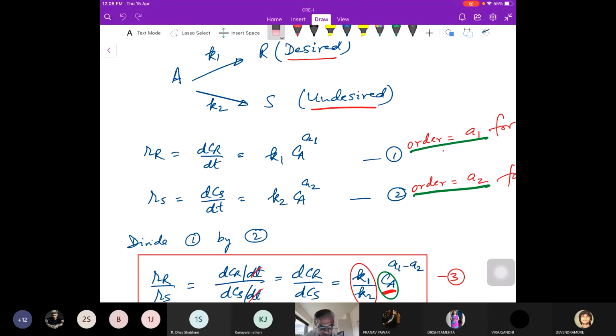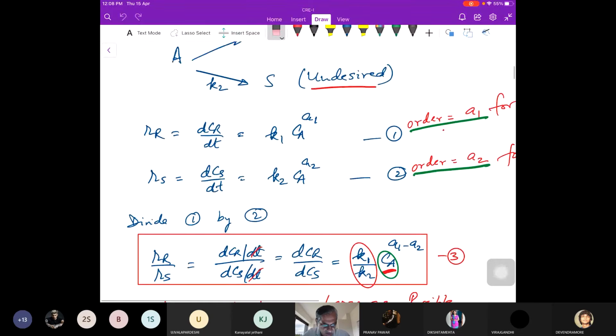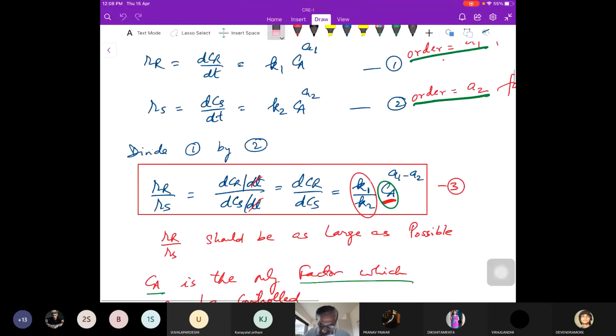So rate of R is equal to k1 CA to the power of a1, and rate of S is equal to k2 CA to the power of a2, where a1 and a2 are order of reaction for R and S. If we take the ratio of 1 by 2, we get rate of R by rate of S is equal to k1 upon k2 CA to the power of a1 minus a2.